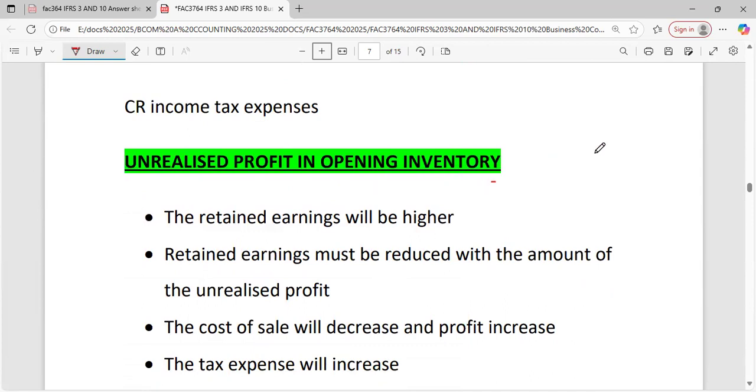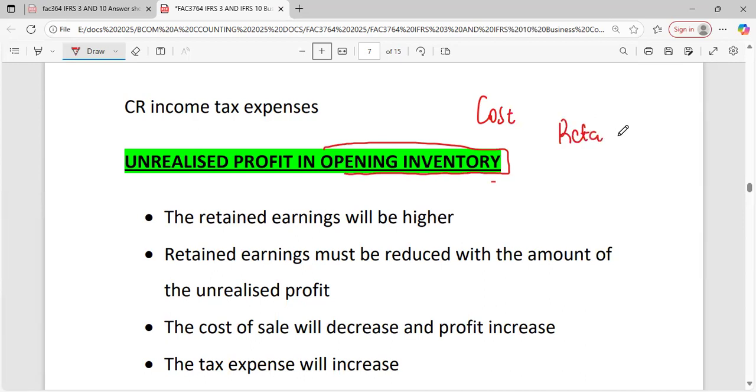So the unrealized profit in opening inventory is not going to affect the cost of sale. Remember, this unrealized profit in opening inventory is now in the retained earnings.